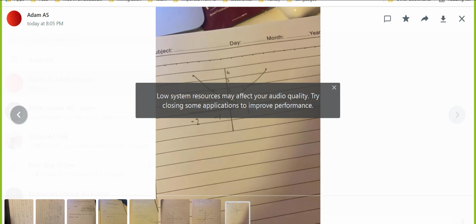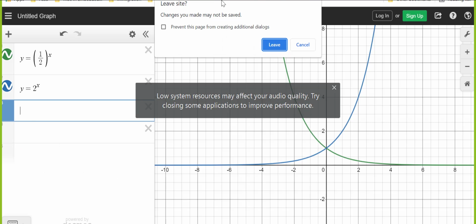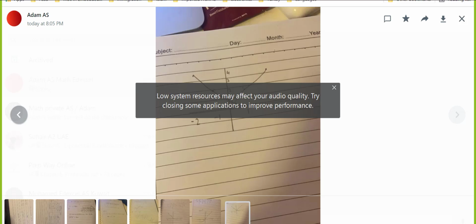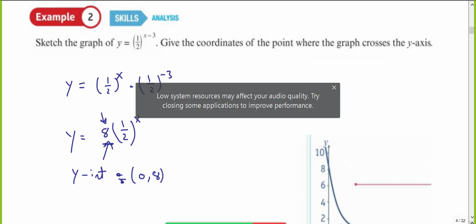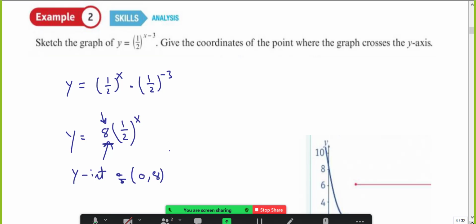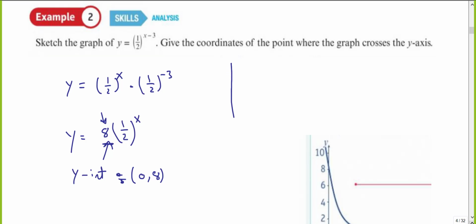تمام. طيب. So it means the sketch will look like this. Pay attention please. Means the sketch will look like this.